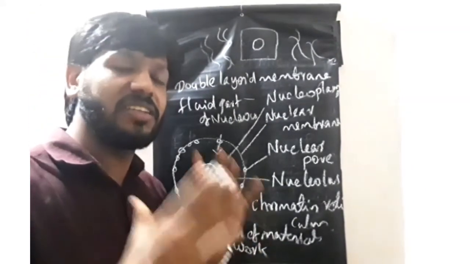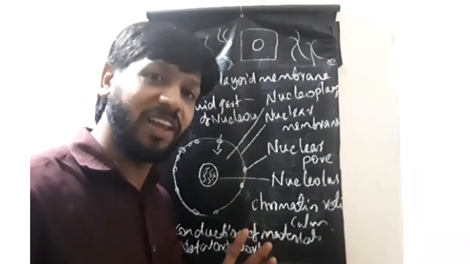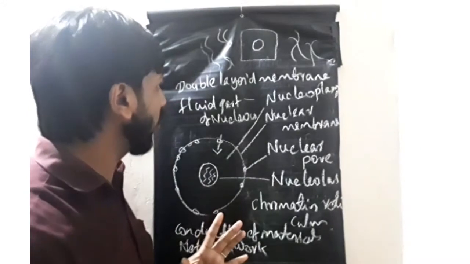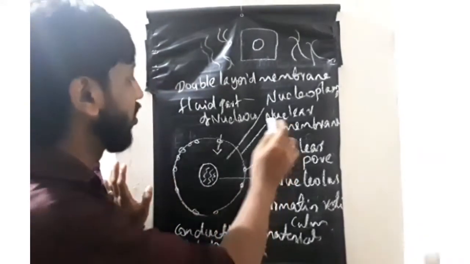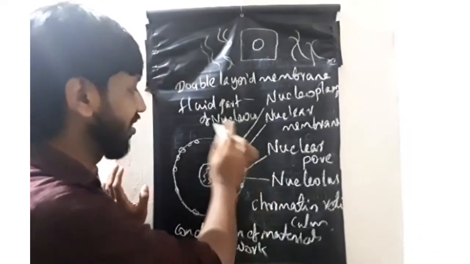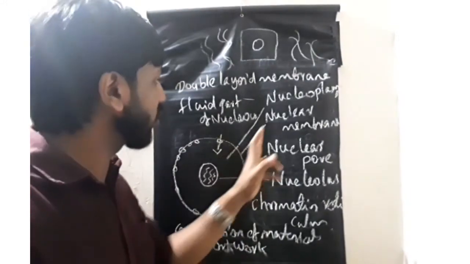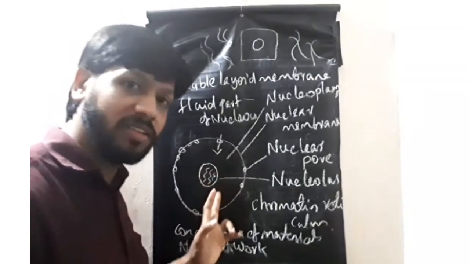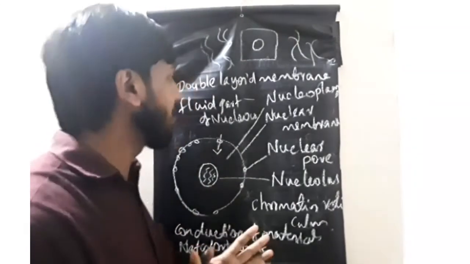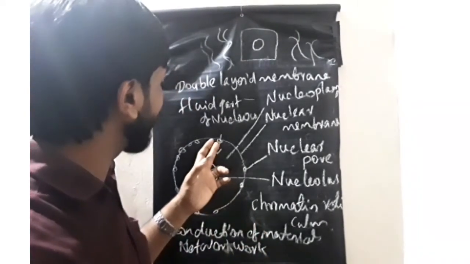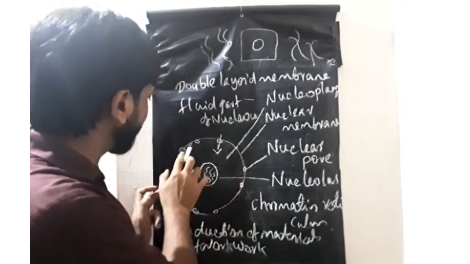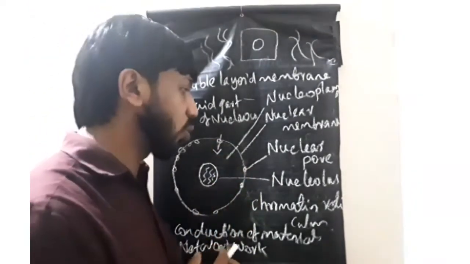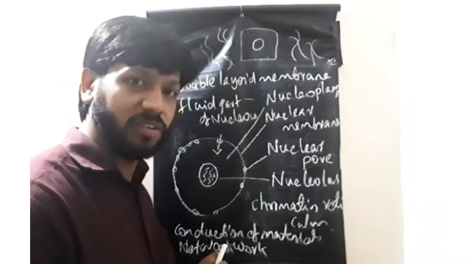This is the structure of a nucleus. This one is very important. I am concluding once again. This is the nucleus. The outer membrane is called the nuclear membrane. The fluid part is called nucleoplasm. The minute openings that help in the conduction of materials are called nuclear pores.